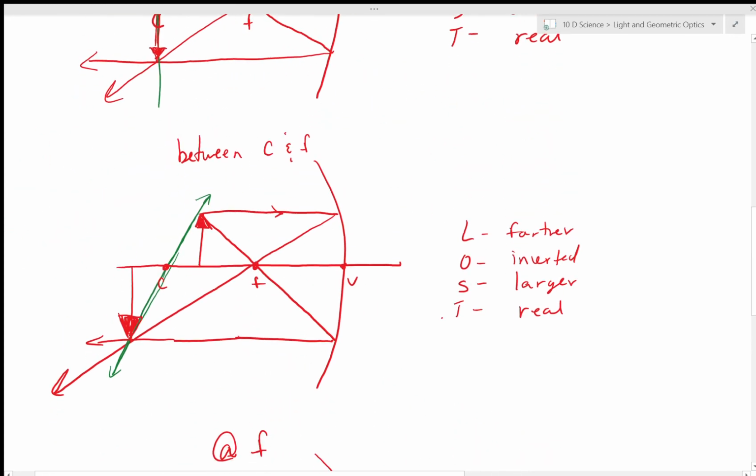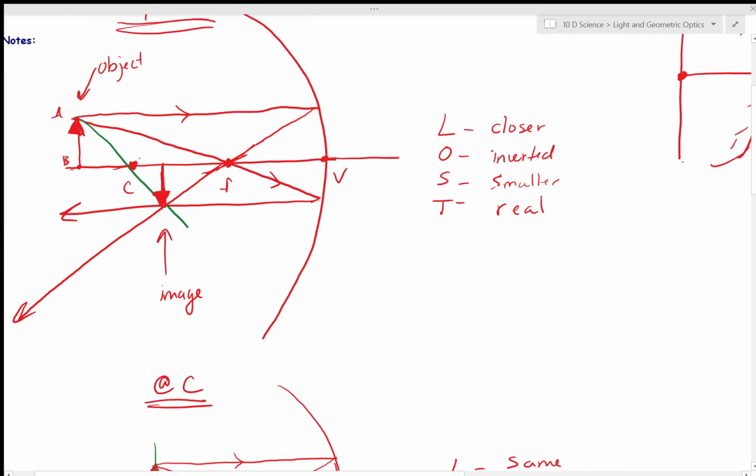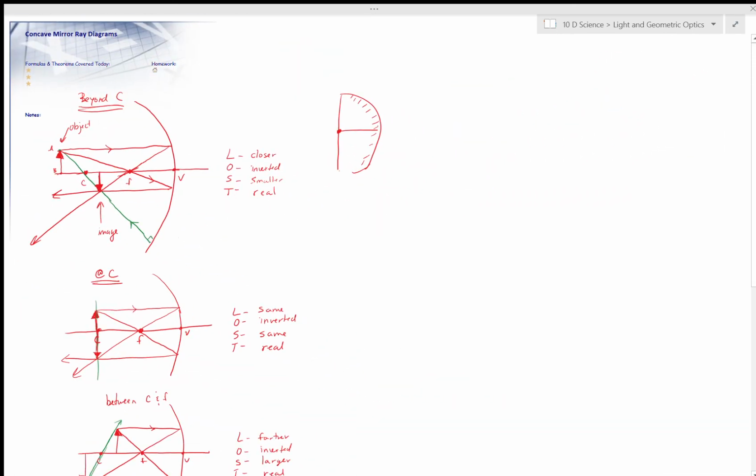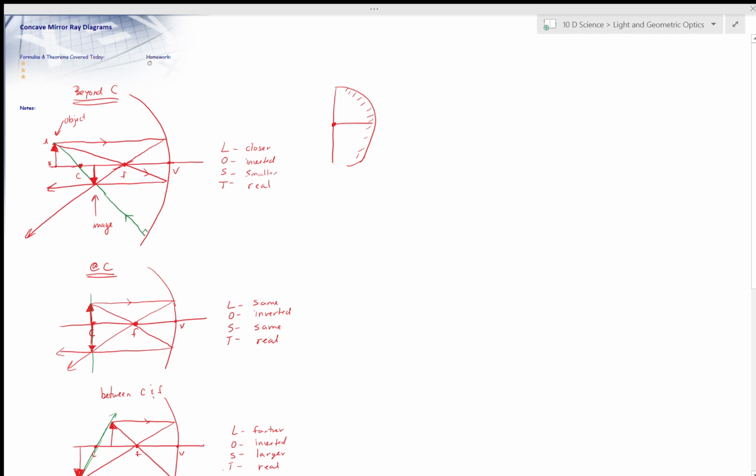This one's a little harder to see because the line isn't that long, but if a light ray leaves the object through the center of curvature and strikes the mirror, it's going to strike at a 90-degree angle, and so it reflects backwards. So those are your 5 possibilities for your concave mirror ray diagrams.